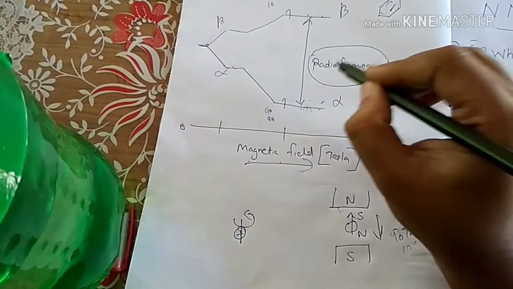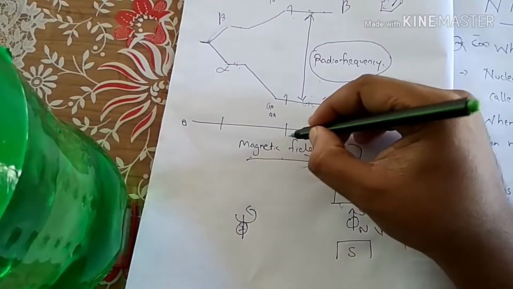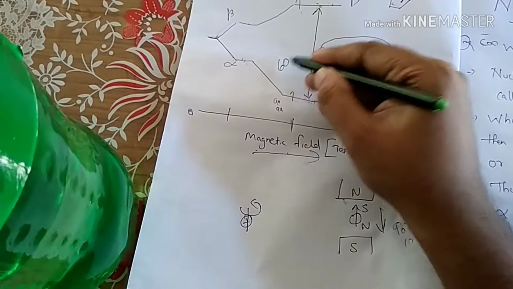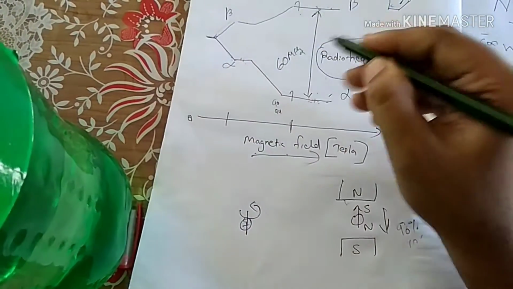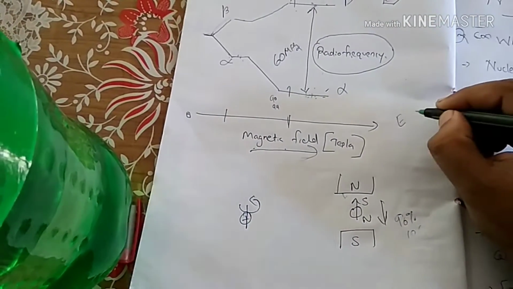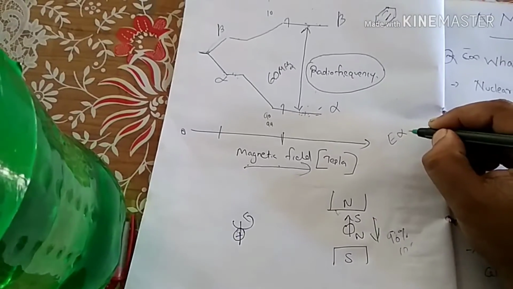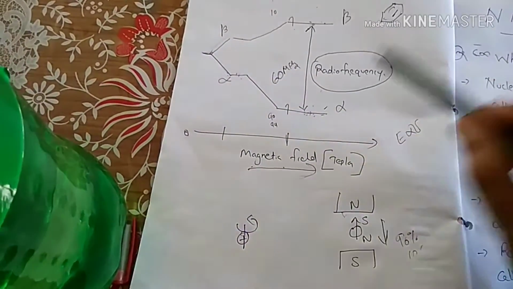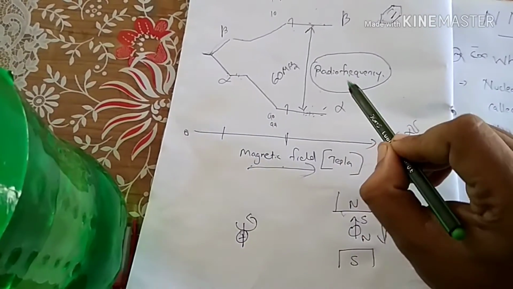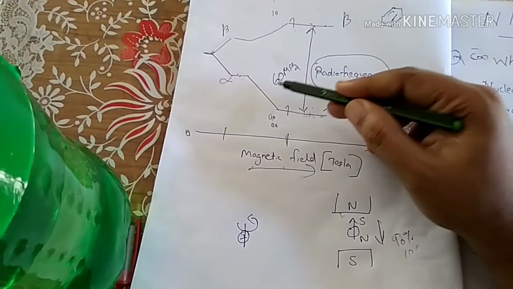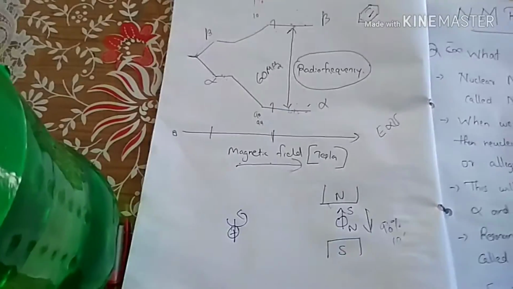So a 60 megahertz NMR machine means we are applying a magnetic field in such a way that this energy difference will be 60 megahertz. 60 megahertz is the unit for frequency, and we know the relation: energy is directly proportional to frequency. So a 60 megahertz NMR machine will produce two spin states with an energy difference of 60 megahertz.